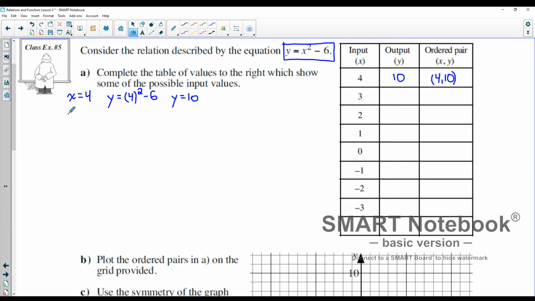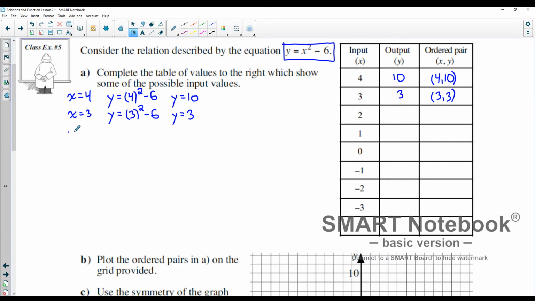All right, when x is 3, let's plug it in. You get y is equal to, so this time we're going to plug in 3 in brackets, and we're going to square it. Subtract 6. 3 squared is 3 times 3, which is 9. Minus 6 would be 3. So you have 3, 3 as the ordered pair.